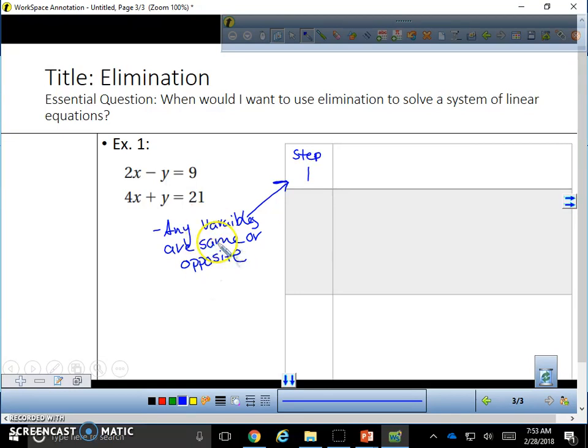If they are the same or opposite, you can skip step 1. So 2x, 4x, not the same, not the opposite. Negative y, positive y, opposites. So step 1 is done.